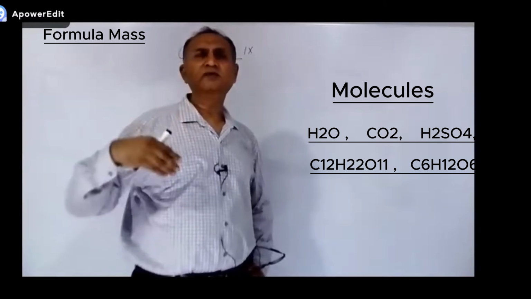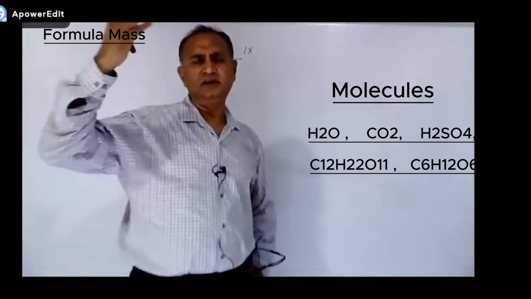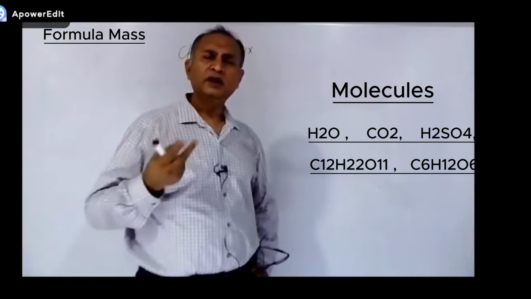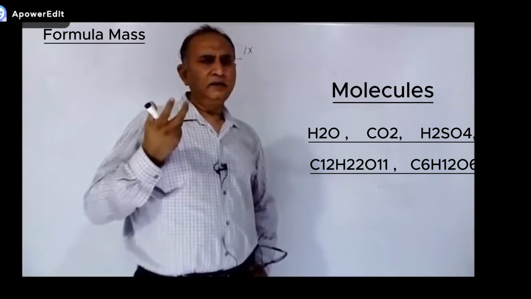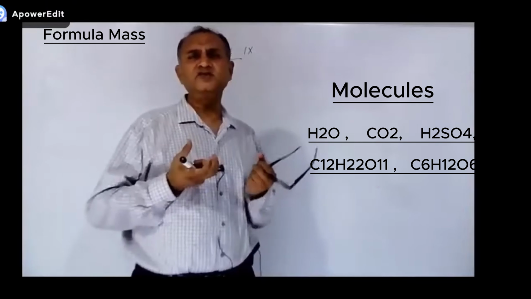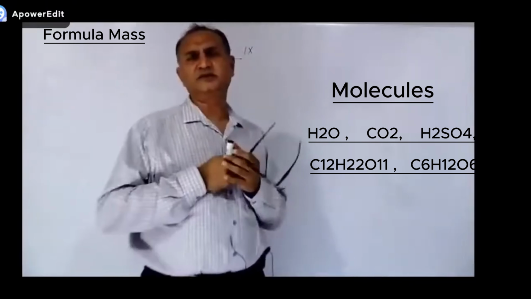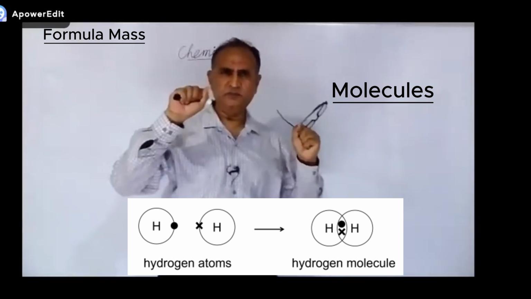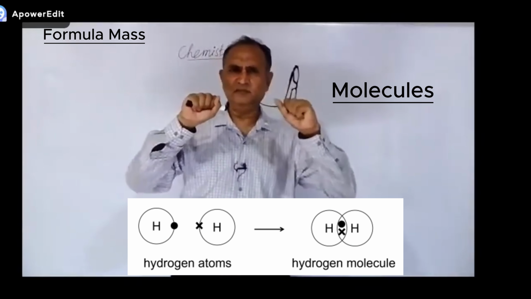A term that we will use in the upcoming chapters, chapter number 4, 5, is chemical bond. In molecules, what happens? Atoms share their electrons. Suppose this is one atom, this is another atom.